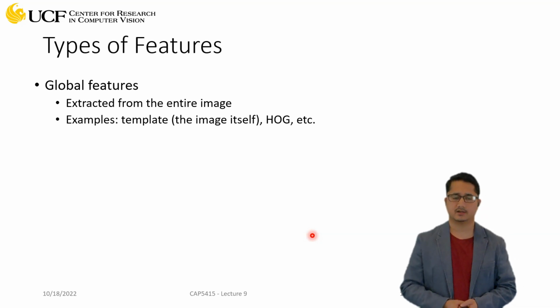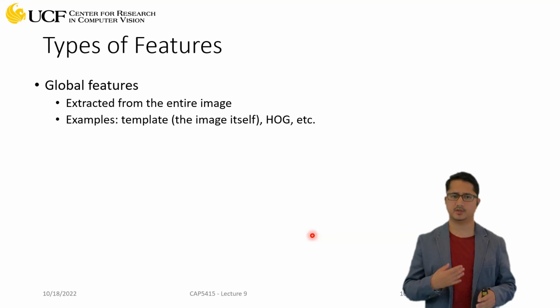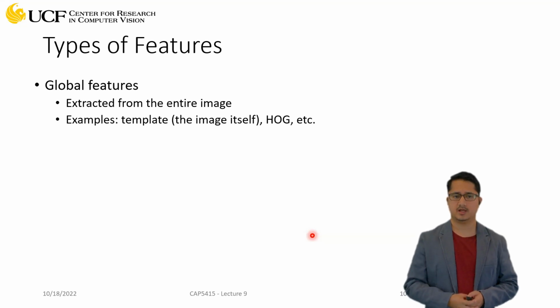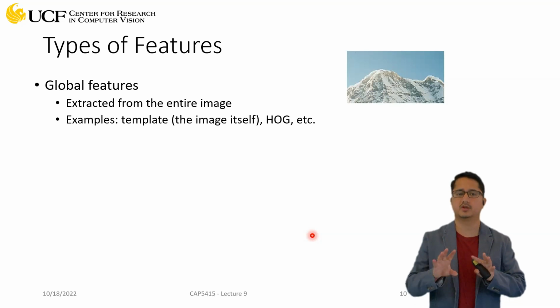So a high-level categorization of these features, if you have to do that, you can say that some features can be global features, and the other is local features. So looking at global features, when you're extracting these features, you have the bigger picture.